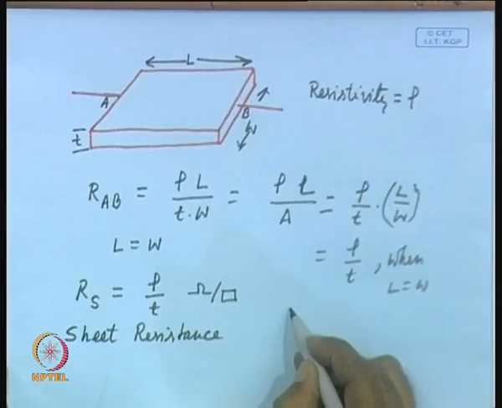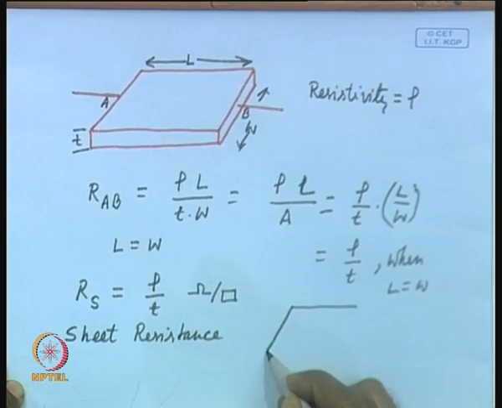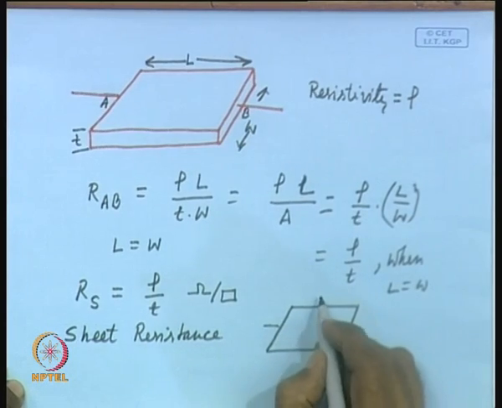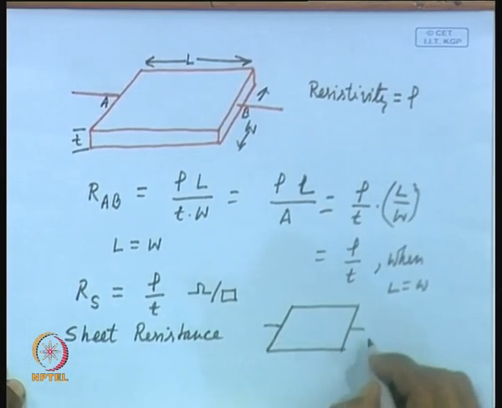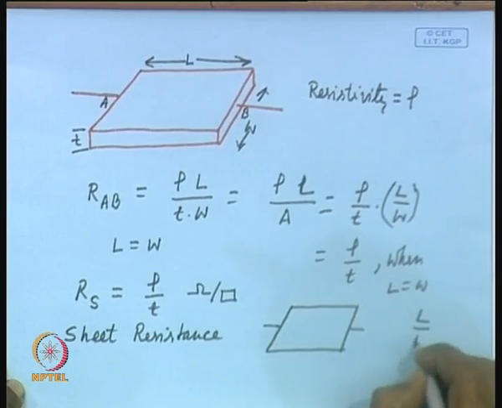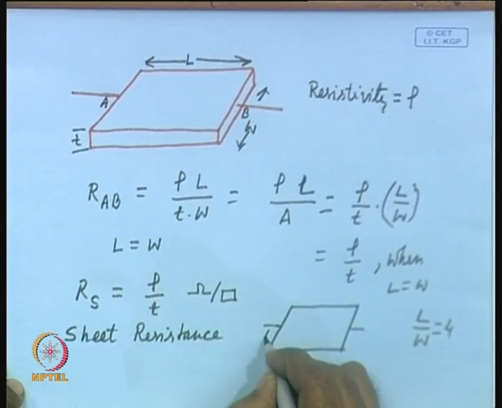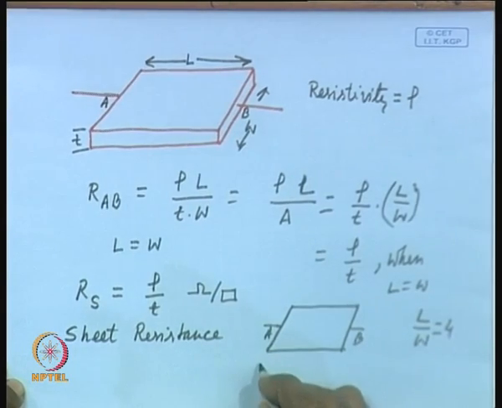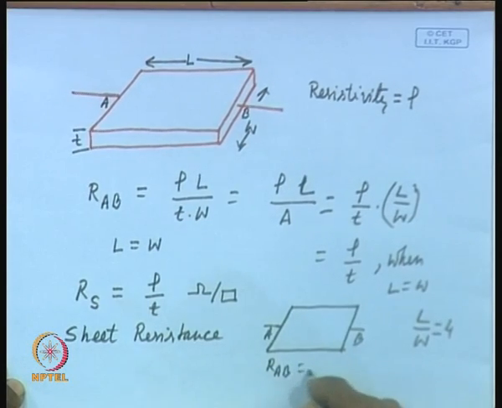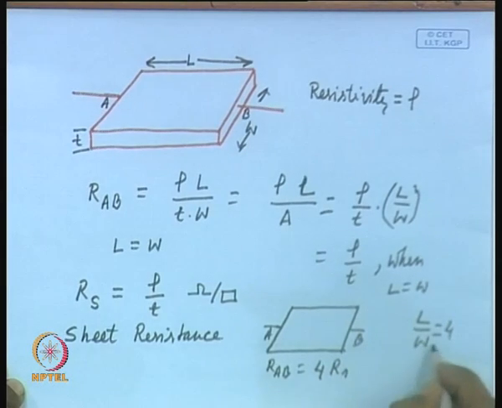For example, let us assume that L by W is equal to 4, that means length by width is equal to 4. Then what will be the resistance between A and B? In that case R AB will be equal to 4 into RS when L by W is equal to 4.